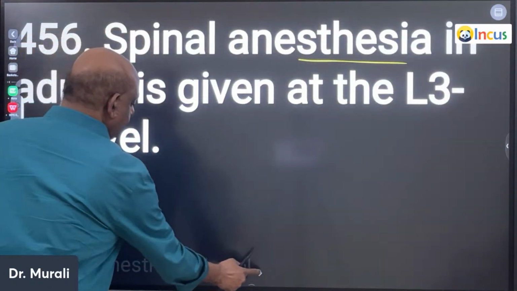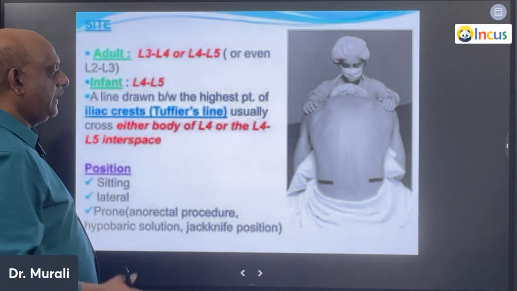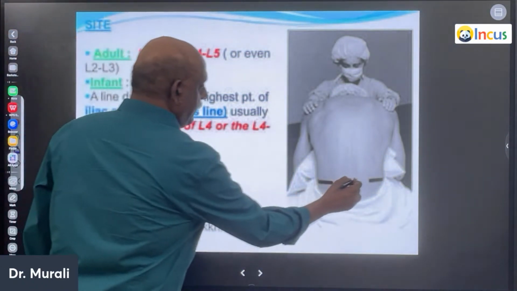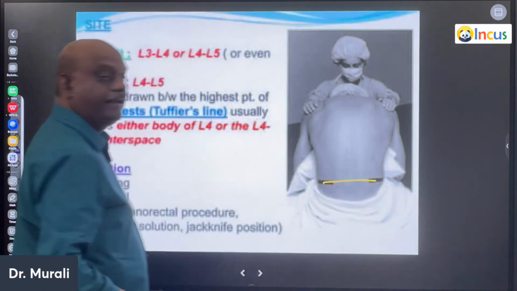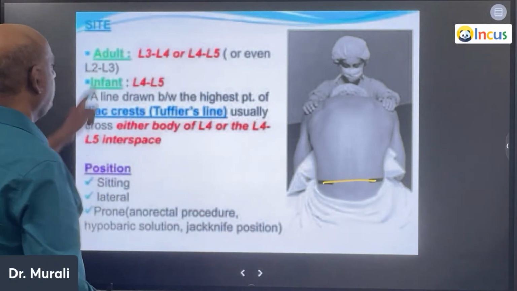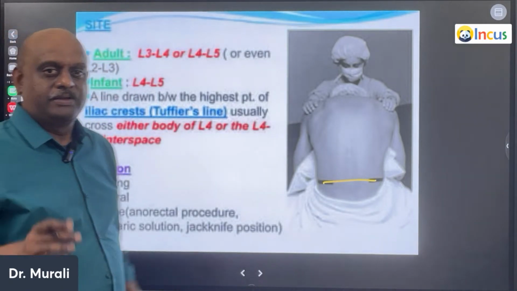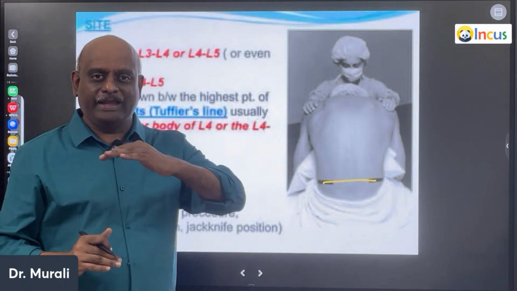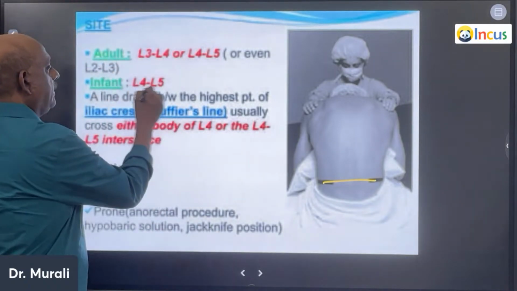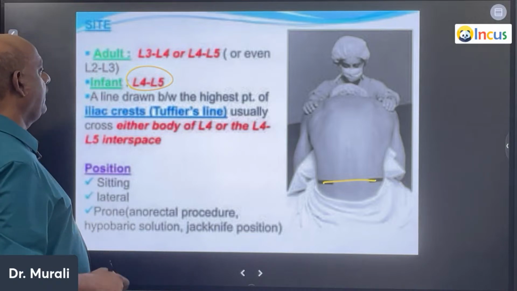Now, doctor, you can see very clearly, at the level of L3 to L4 is the level at which you will give in case of the adult. In the case of the children, since the spinal cord ends at the level of L3, you give it at the level L4 to L5 in case of the infant.